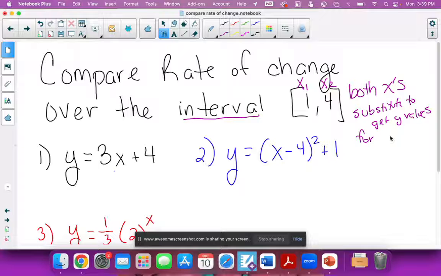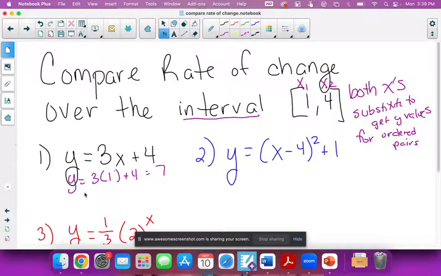and then you will actually use your rate of change formula. But right now you do not have ordered pairs. What you have is 2 x values that you're being told to use. So I want to know what my rate of change is when x is 1 to x equaling 4. All right, so we're just going to substitute them in one at a time. So if I substitute in 1, 3 times 1 plus 4, I get 7.